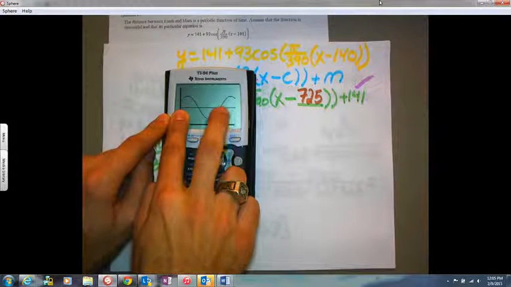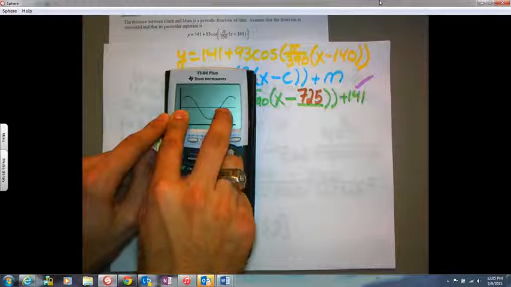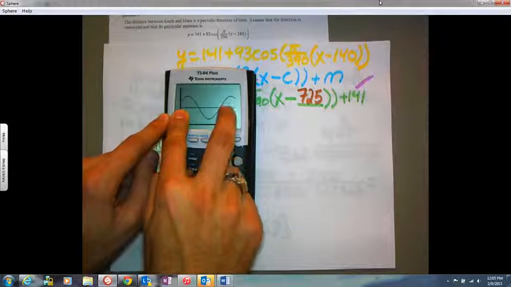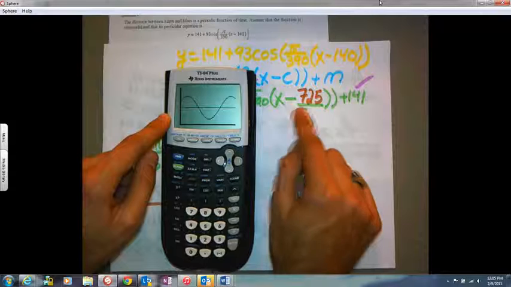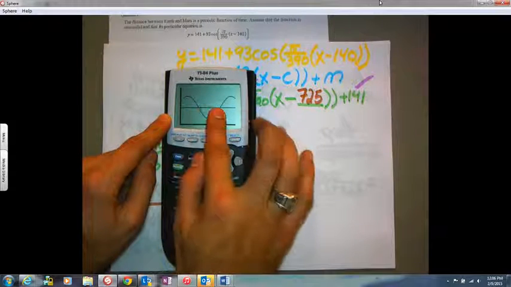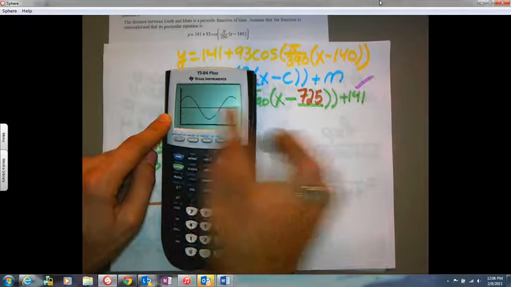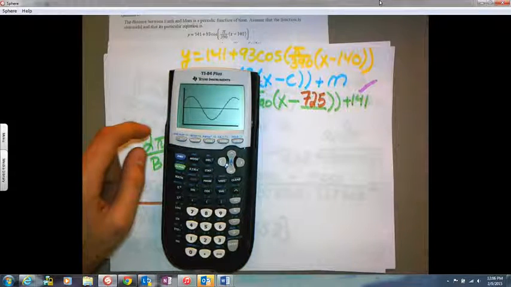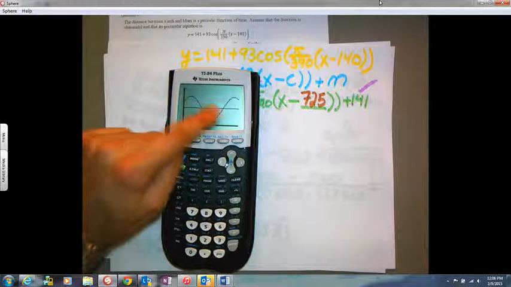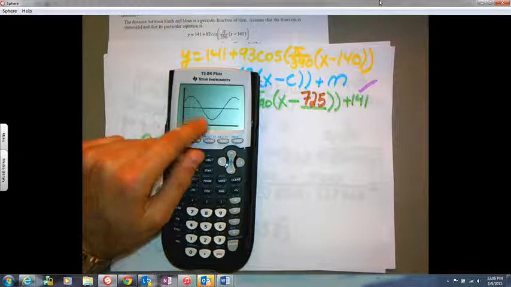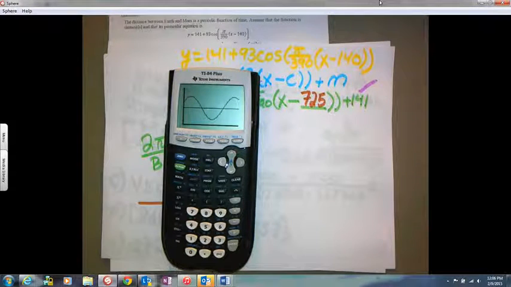The question is, what made it go here? Well, this minus 725 shifted right, because you do the opposite of what it says, and how much did it shift right by? 725. And the way I got this is find the intersection of the graph and the midline. More questions on this?